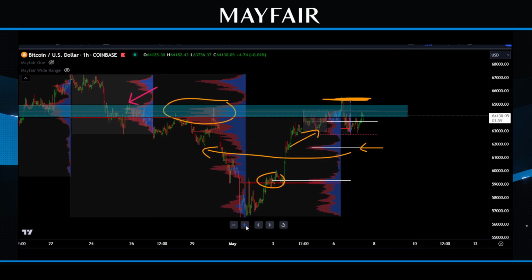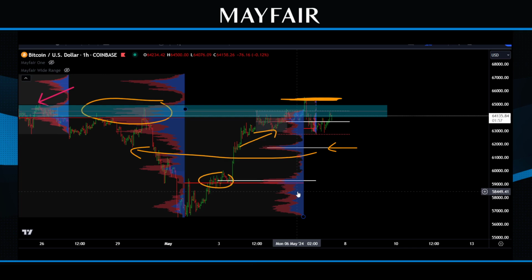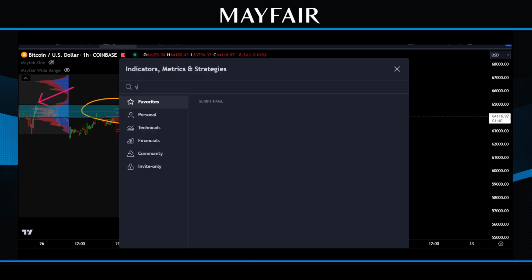Now, if you look at the next part of this, the CVD is the volume. The volume is up or down in theory. The CVD is basically the difference between the buying and the selling volume. So you've got the volume profile, as in the volume on the x-axis, which I'll put on as well.